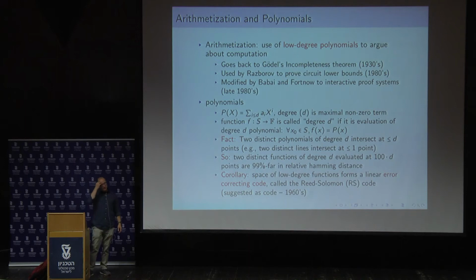And this was already observed to be very useful back in the 60s, first by Reed and Solomon in the 1960s, who said, oh, this could be a really good way to store information and to relay it across noisy channels in a way that you can recover the information. Back then, computers weren't very powerful and it was very abstract and theoretical.